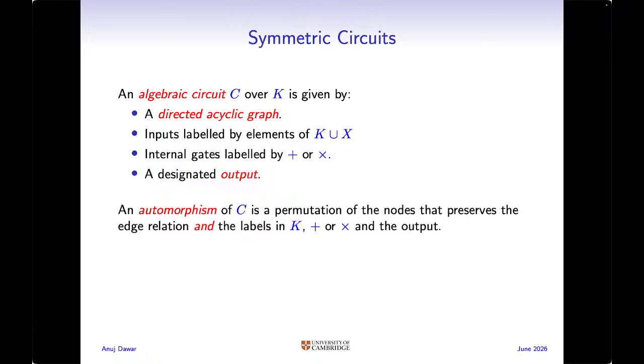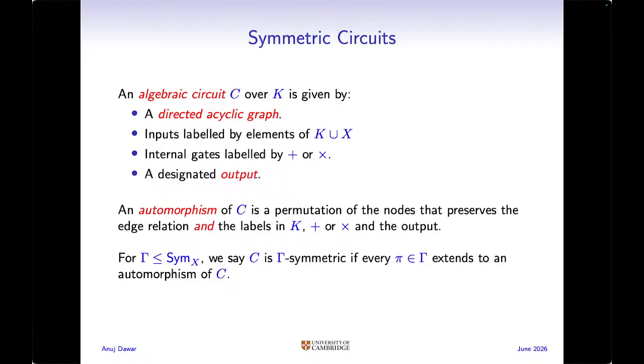That's the key point. And then we say, more generally, given a group gamma of permutations of the variables, that the circuit is gamma symmetric if for every permutation pi, applying it to the variables, you can extend it to an automorphism of the whole circuit. So in other words, you have a permutation of the variables, you can extend the action to all the gates of the circuit, giving an automorphism.